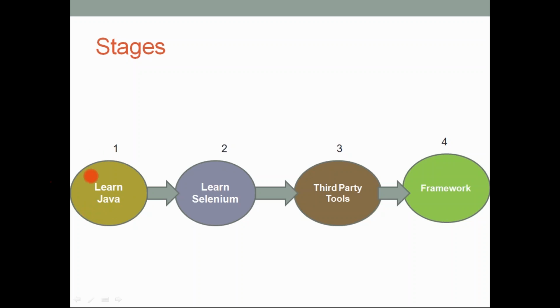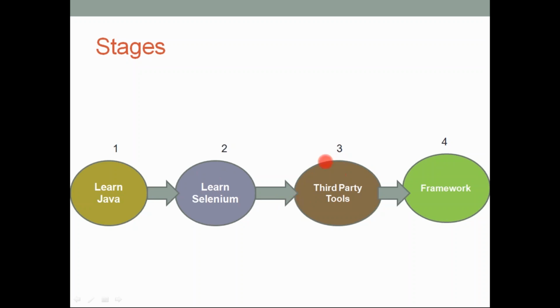Once we complete learning Java, we will switch to learning Selenium. What exactly is learning Selenium? I will explain in the next slides. Once Selenium basics are done, we will switch to third-party tools. Just by learning Selenium or Java, we cannot do full-fledged testing. We also have to depend on some third-party tools available in the market.